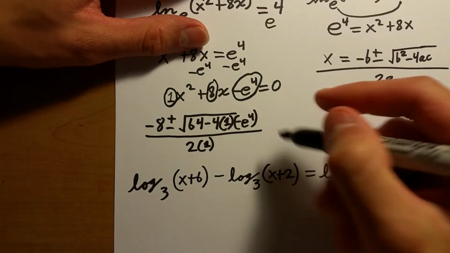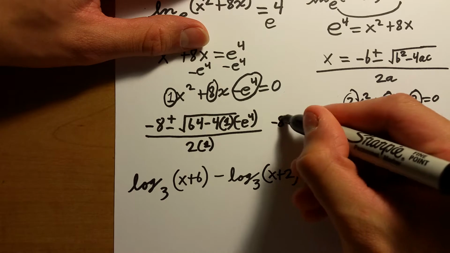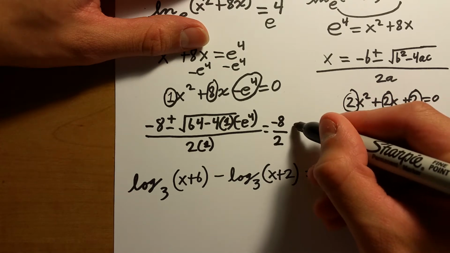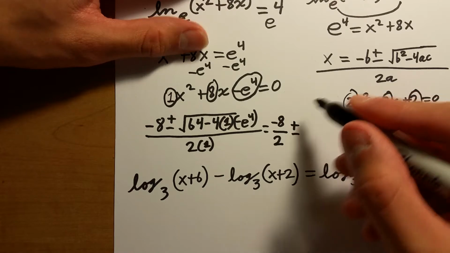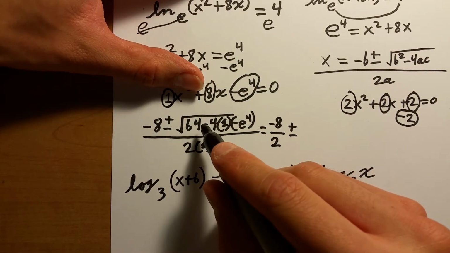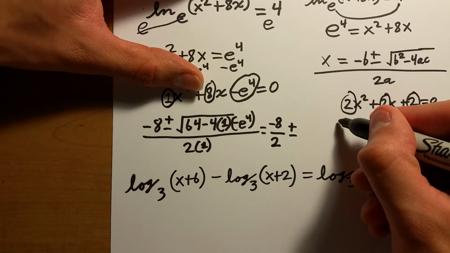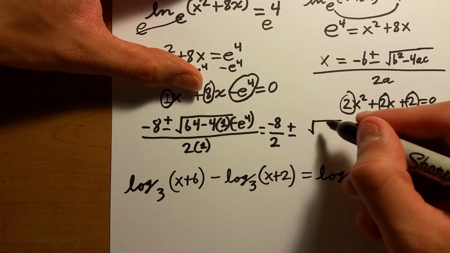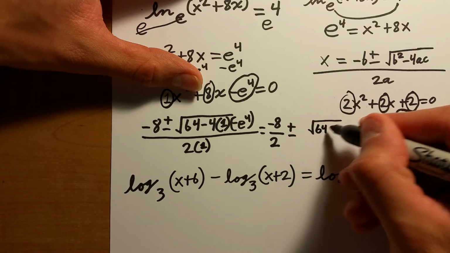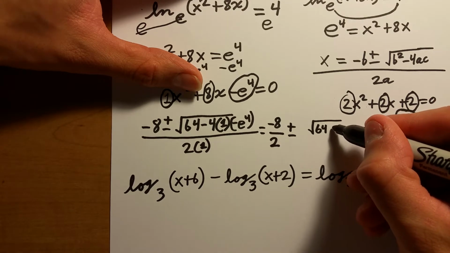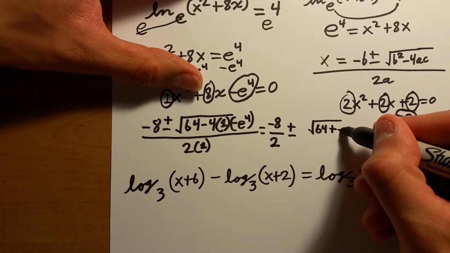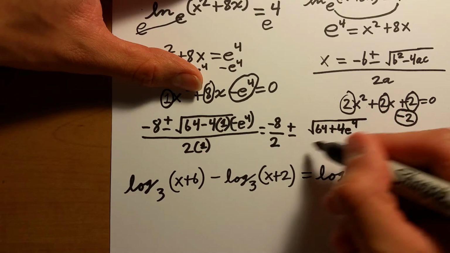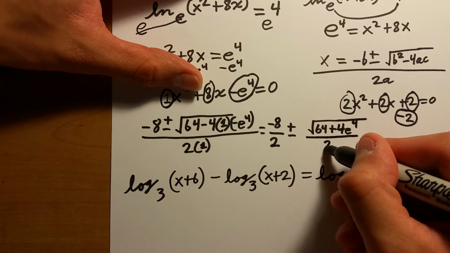Now if we work that out, we're going to end up with negative 8 over 2 plus or minus the square root of 64... actually, let's not do that yet. We're going to have 64 plus 4e to the power of 4, all over 2.